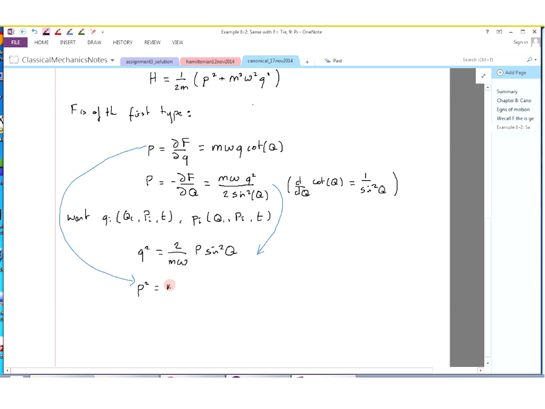So p squared is going to be equal to m squared omega squared q squared cotangent squared of capital Q. And so I already have an equation for the little q squared. Don't we square the cotangent? Yes, we do.